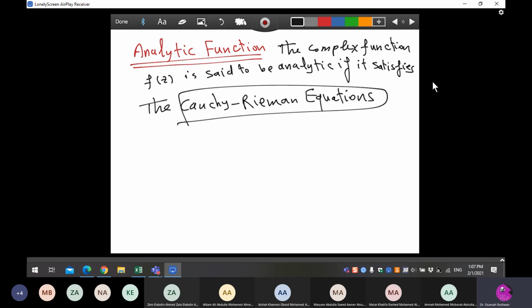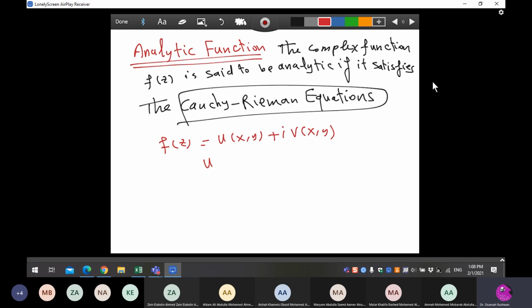Fine, good. What's Cauchy? Yes, I know f of z, I can call it as the real part plus I, the imaginary part. What is Cauchy-Riemann?